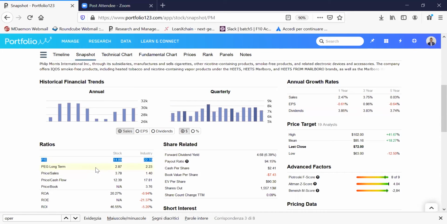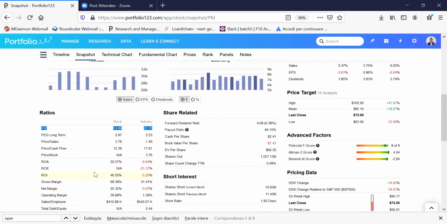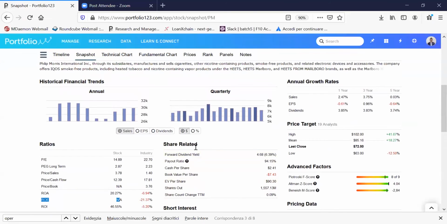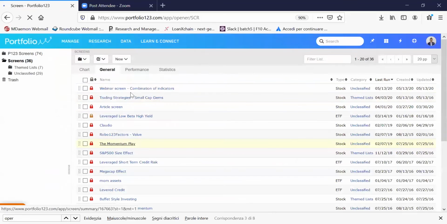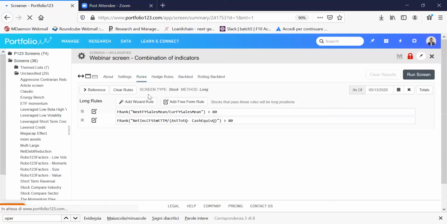If you just have high profitability companies by looking at nothing else, it's a dangerous exercise, to say the least. And so now we are going to see a quick screen where we combine all the things that we discussed so far.